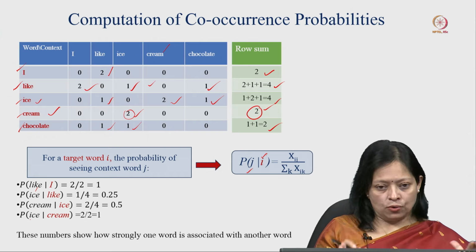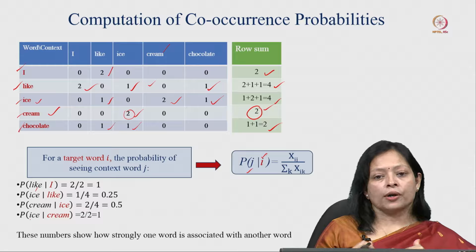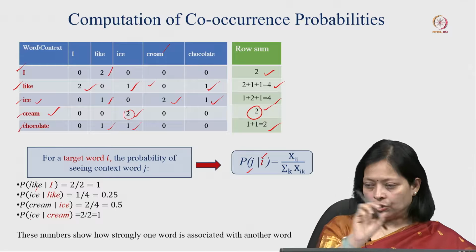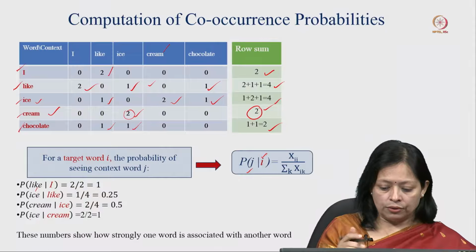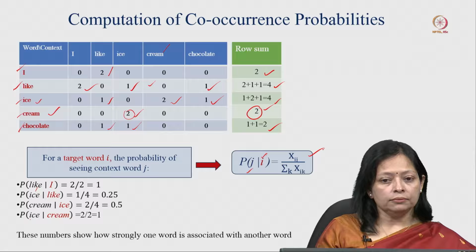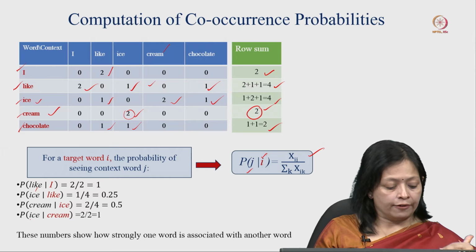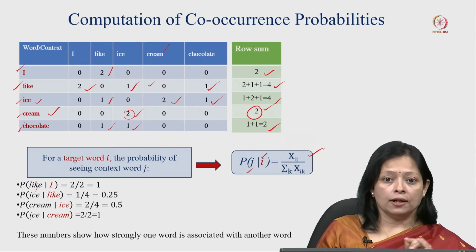And once that co-occurrence matrix has been formed, we have used it for computing the co-occurrence probabilities by taking the row sum. Across each row we have taken the sum, and using the conditional probability equation, we have found out the probability of getting some context word given a target word.